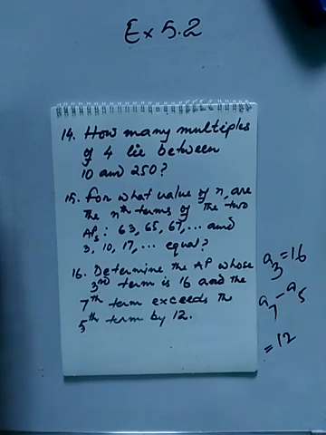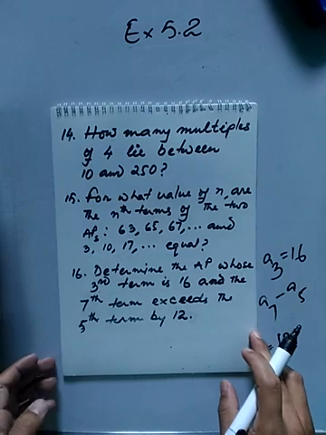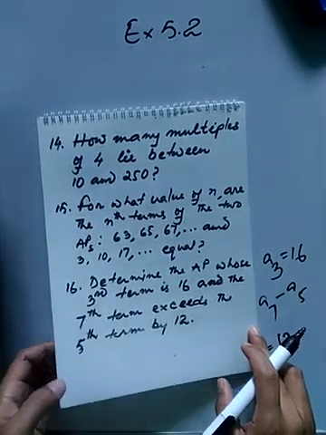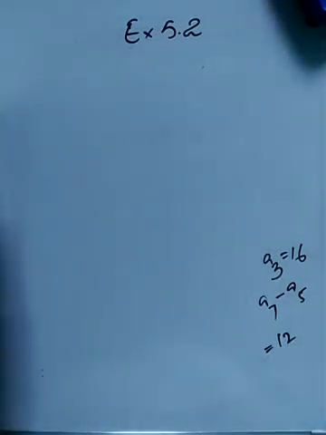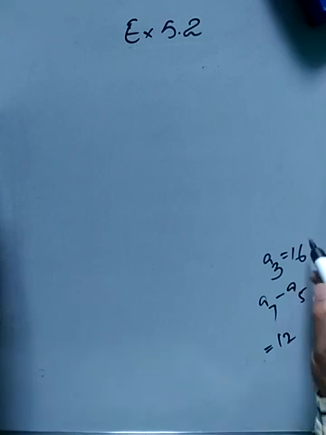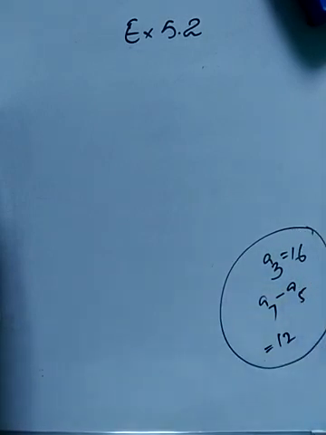Then we have to construct the AP. If we want to construct the AP, we have to find the first term and the common difference. From this given information, we have to find out the first term and the common difference.